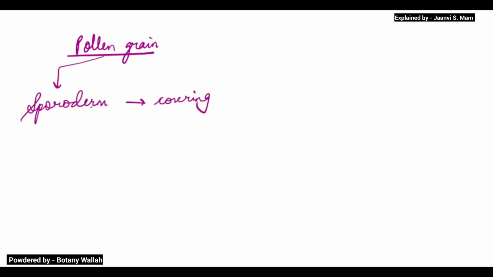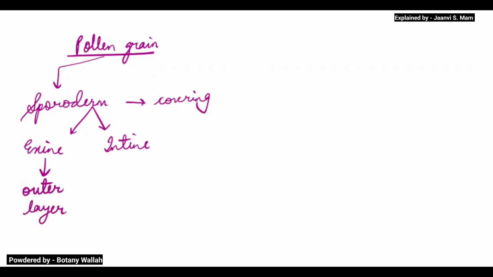There are two coverings: one is exine and one is intine. Exine means the outer layer, and intine means the inner layer.